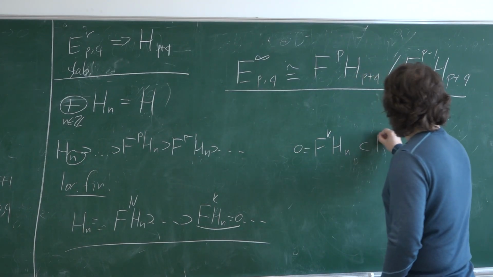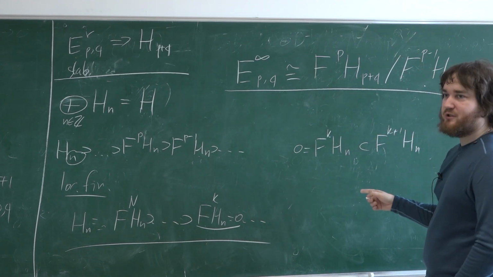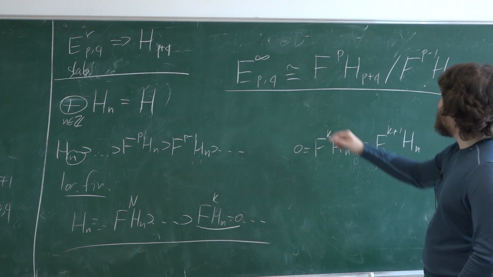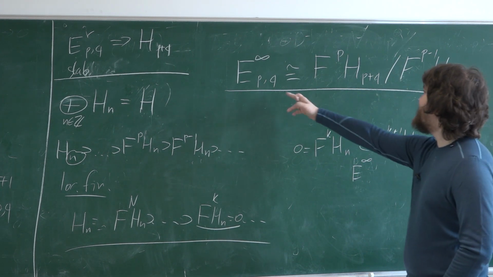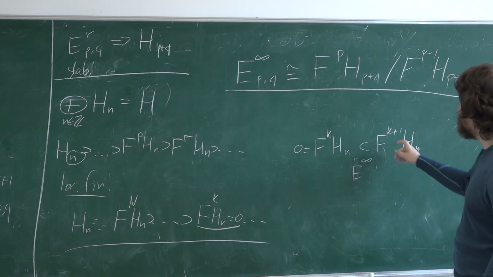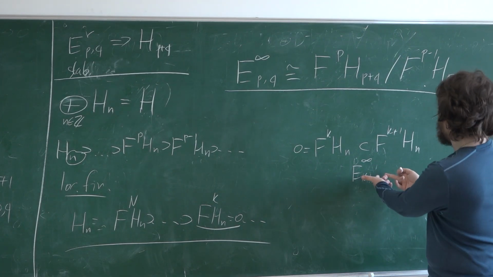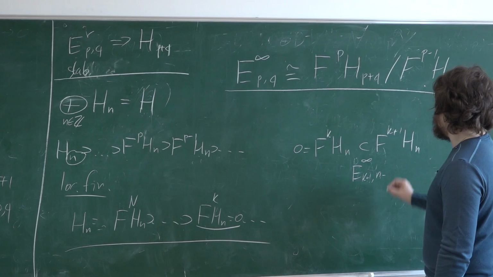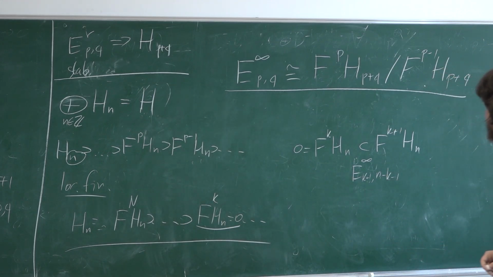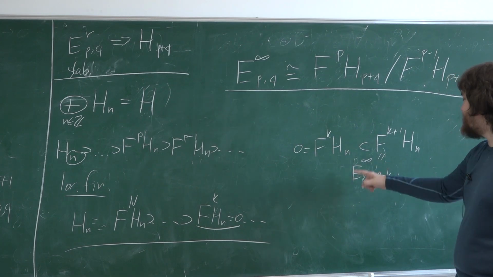We have the following filtration. What's the quotient? The quotient must be this thing, the infinity page, K plus 1 and N minus K minus 1. But it's 0. So in fact, this filtration is exactly this infinity page.